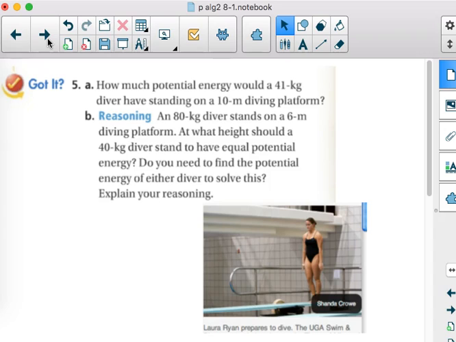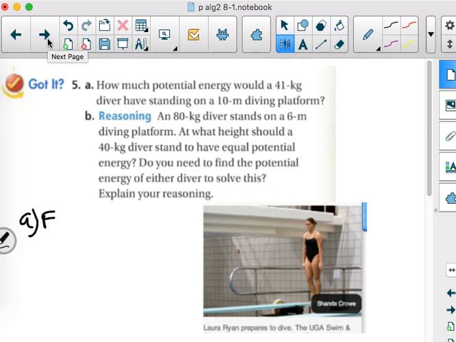We have divers, and it says, how much potential energy would a 41 kilogram diver have standing on a 10-meter diving platform? I realize they didn't give us any new stuff to write a new formula, because we don't need a new formula. It's the same formula we were just using. PE equals G times mH.